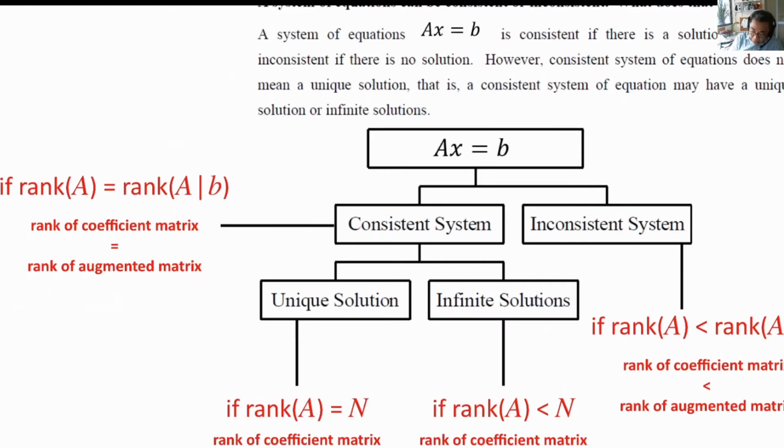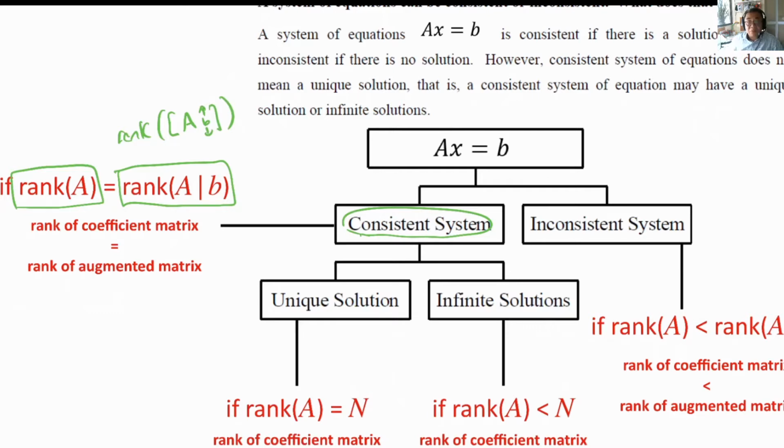For consistent equations, remember that we can quickly determine if a system of equations is consistent by checking the rank of A versus the rank of the augmented matrix, as in the rank of A augmented with the column of B. And if they are the same, it means that adding one column to A using the B vector did not change the number of independent columns.